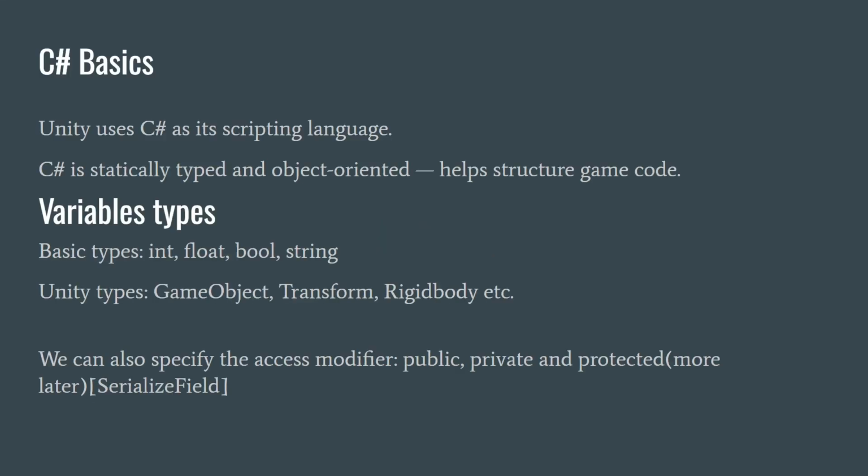So let's recap scripting and then go beyond what we learned in the last lecture. Unity uses C# as its primary scripting language. There are other languages for shaders and all that, but that's a bit more advanced. The primary one that a gameplay programmer will use is C#. This is a statically typed and object-oriented programming language.